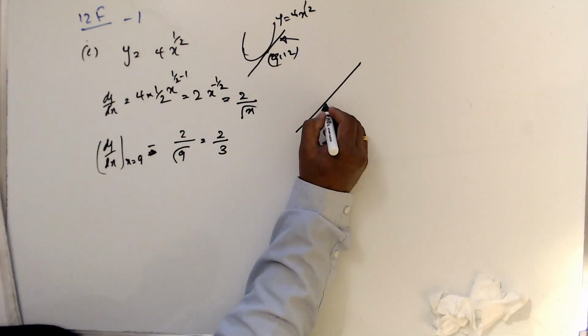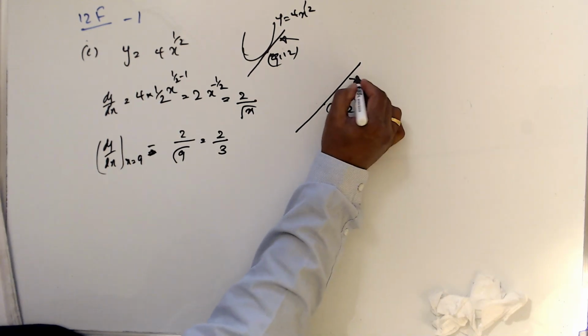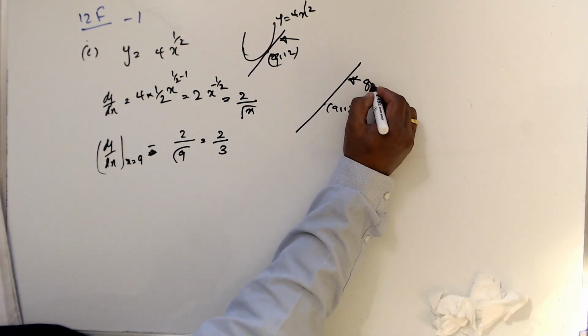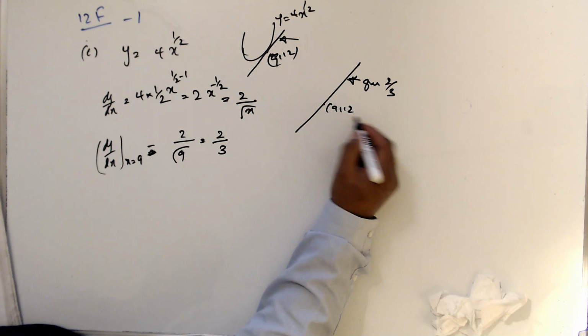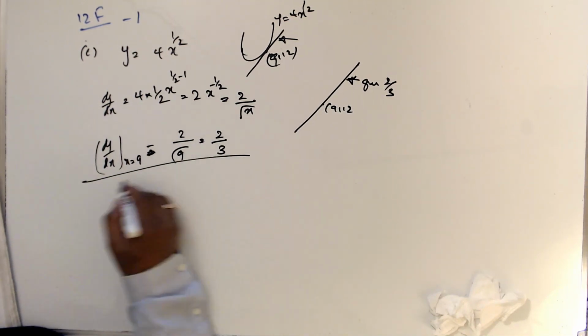Now you have the point (9, 12) and the gradient 2 over 3.